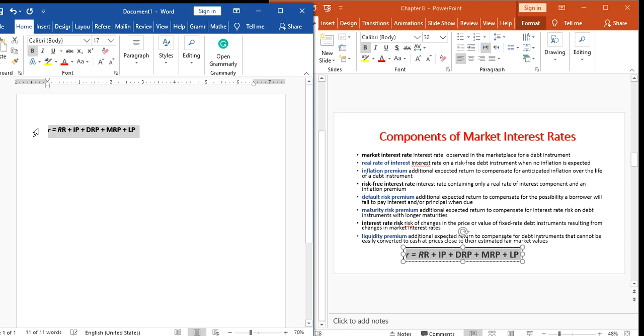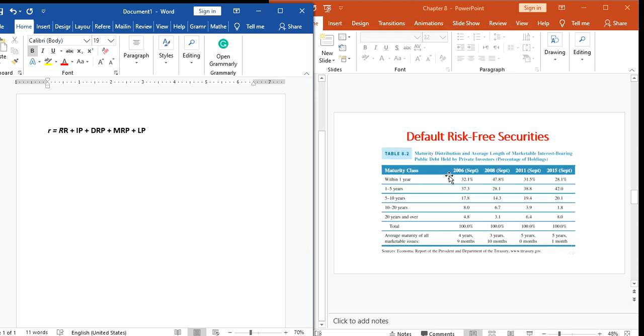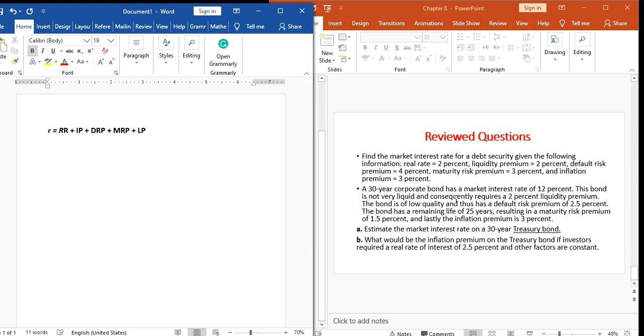Let's enlarge it in order to see it. Okay, let's get back to the question. Basically we are looking for R, small r.